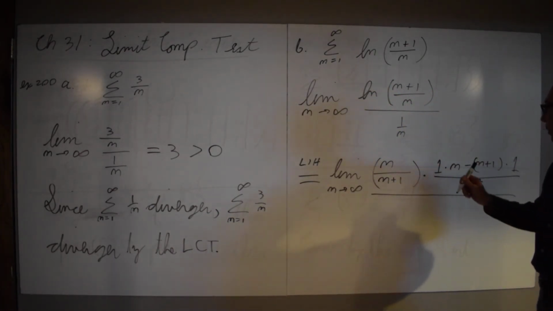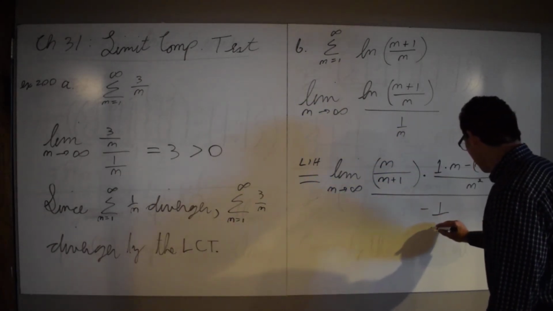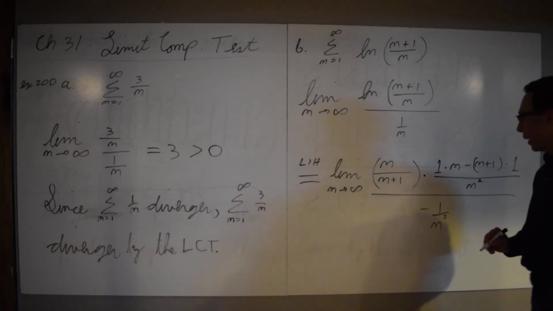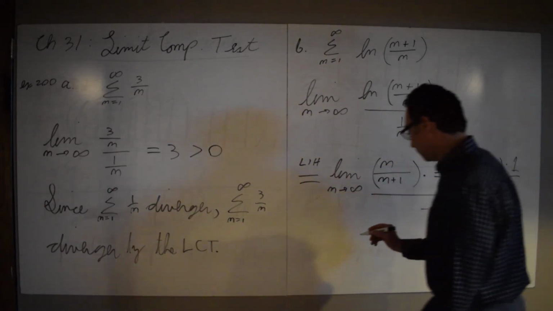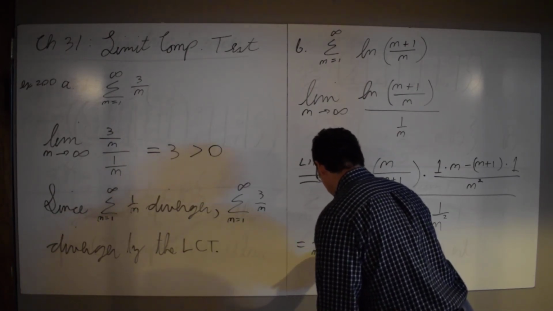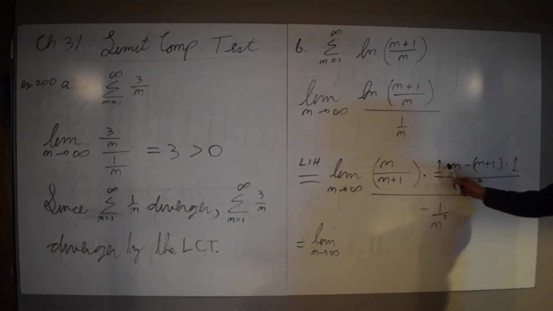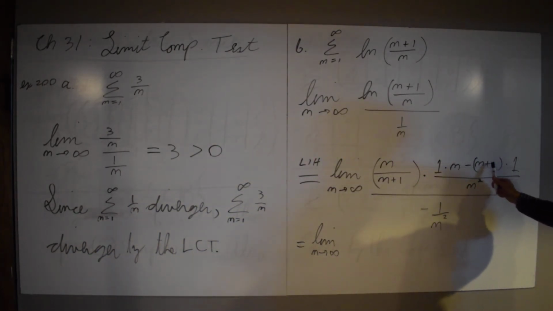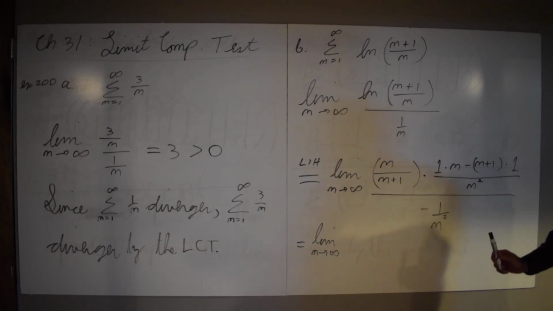Then we have the derivative of 1 over n is simply negative 1 over n squared. This simplifies nicely. Distribute the negative through, the n's cancel. We have a negative 1 over n squared, which cancels with this negative 1 over n squared.